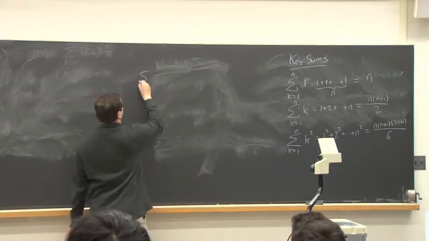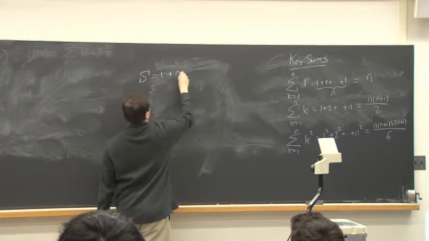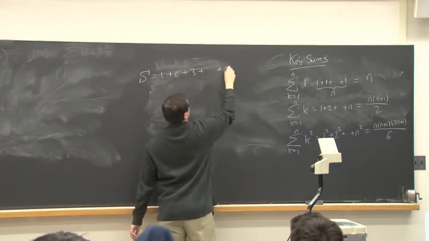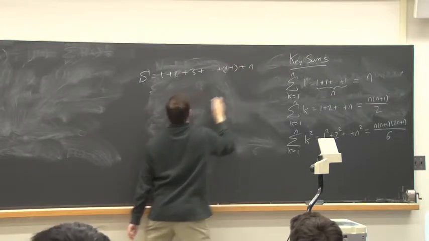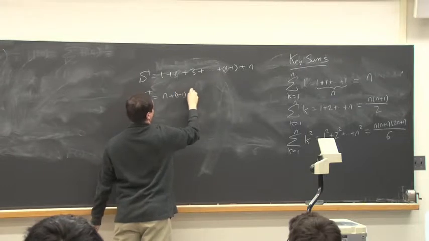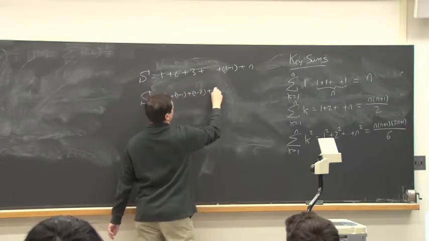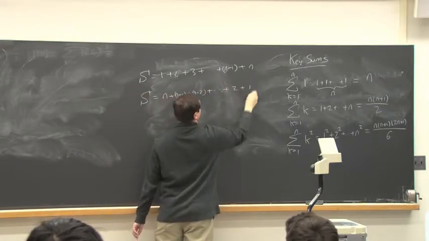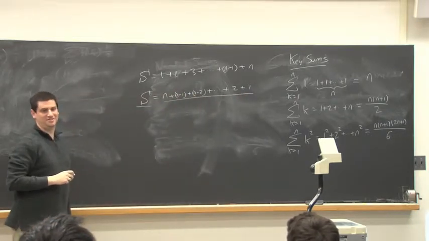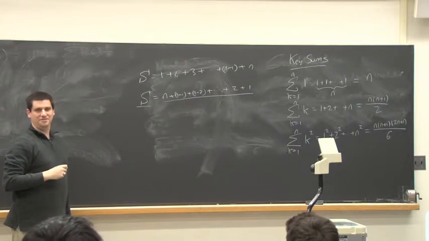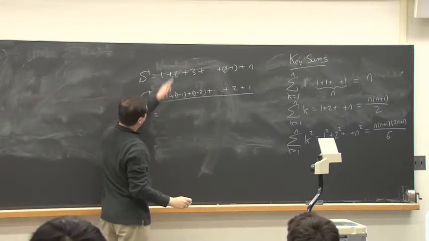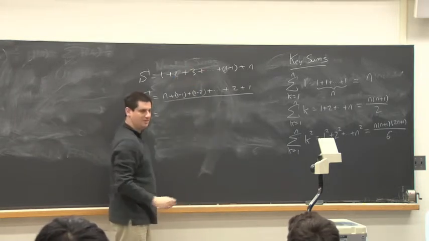Well, Gauss made the very wonderful observation. Let s equal 1 plus 2 plus 3 plus up to n minus 1 plus n. Write the sum backwards. All right, what's s plus s? 2s, that's not so bad. And now, each of these terms, what do they all add up to?